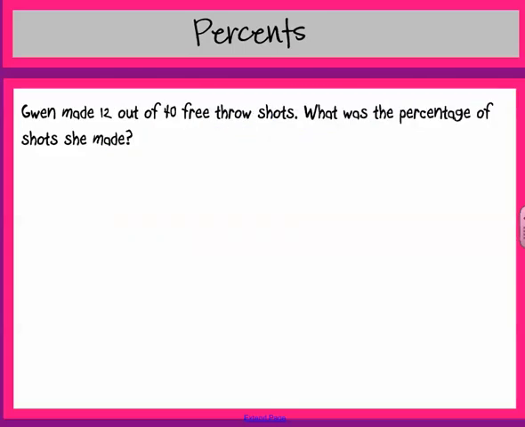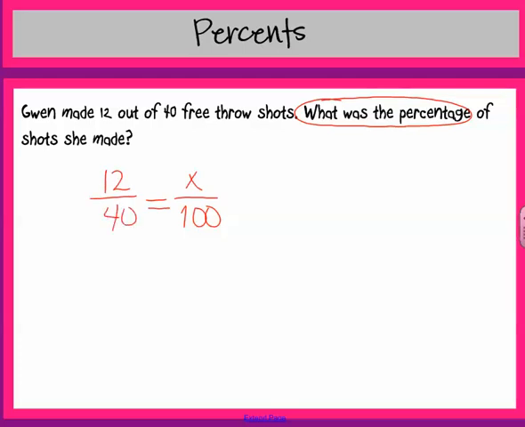In this example, Gwen has made 12 of 40 free throw shots, and we're asked what was the percentage of shots she made. So we're missing the percentage again. So we'll go ahead and put that x over 100. We know that she made 12 of 40. And there again, there's not a whole number of factors, so it might be difficult for you to see what you would multiply by.